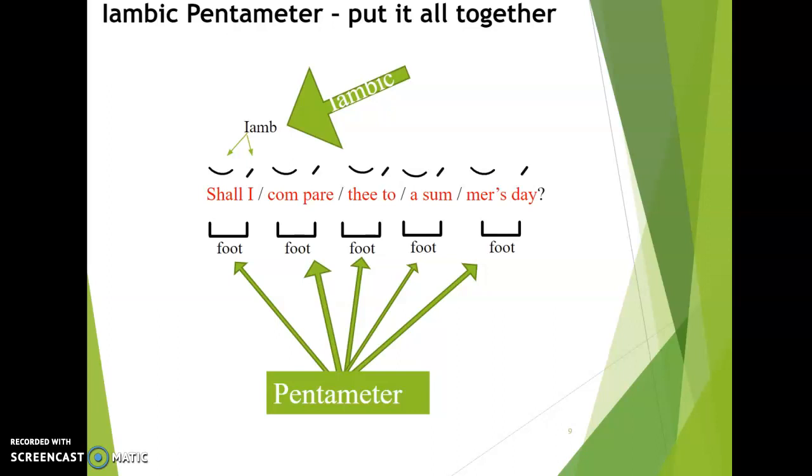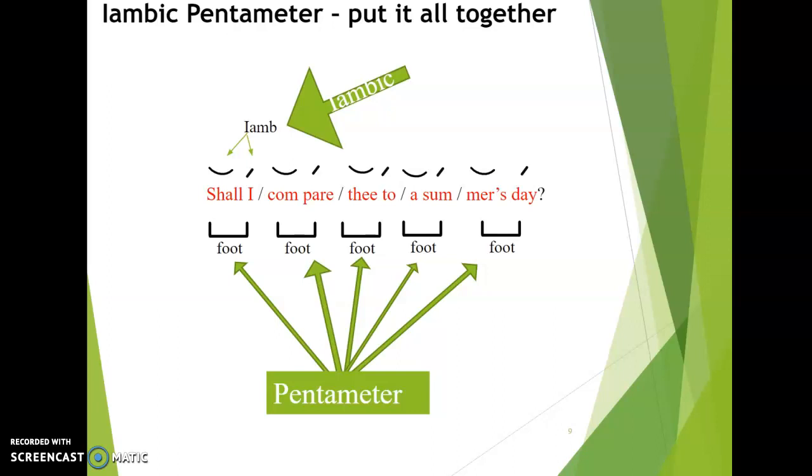Iambic pentameter, pentameter meaning that there are 5 feet, because penta means 5, and meter is like the rhythm that's used. So if you read this line, "Shall I compare thee to a summer's day?" That is the sonnet that we are going to analyze here.